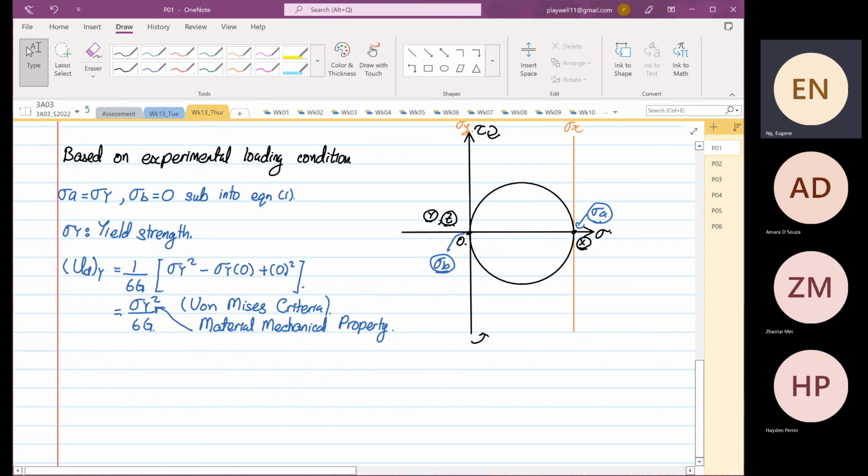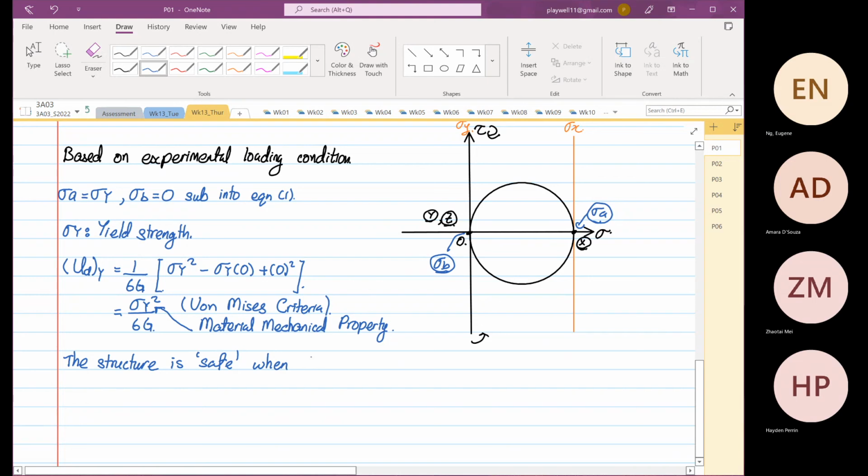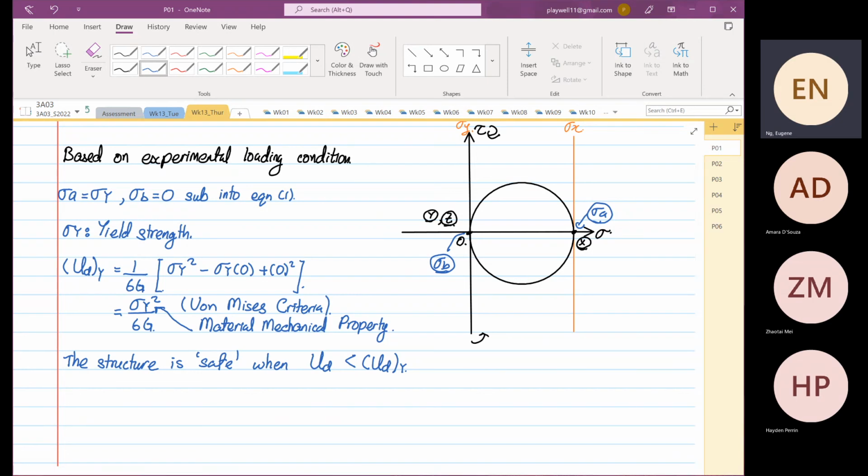So the structure is safe when UD is less than UD Y. I'm going to put Y down here. So UD that you see over here is based on structure analysis.